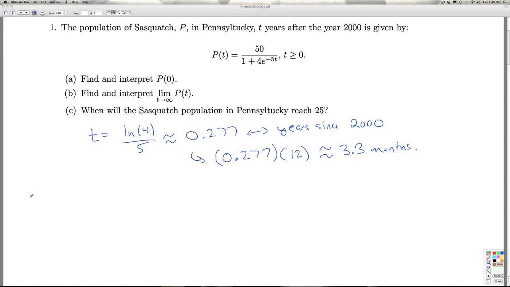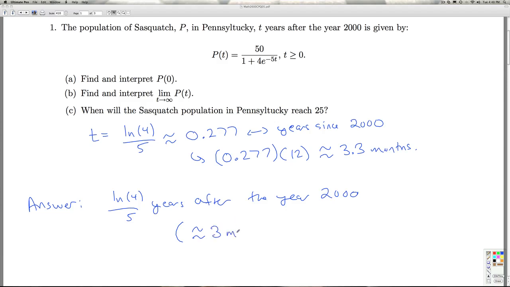Well, the exact answer is natural log of 4 over 5 years after the year 2000, which is approximately 3 1/3 months. So 3 months, 10 days after 2000. That'll do it for part C.